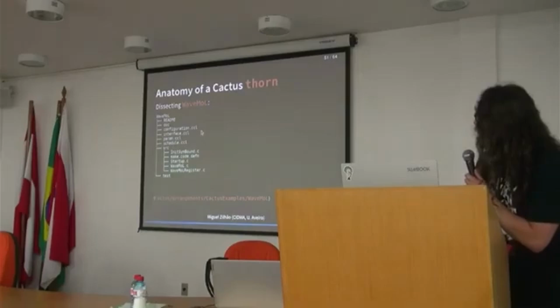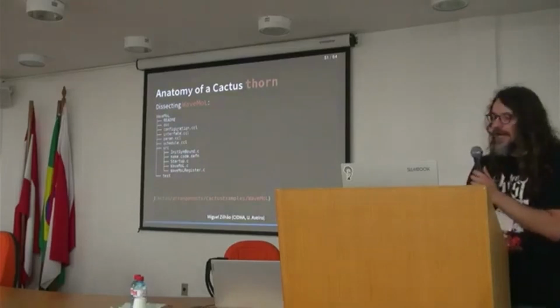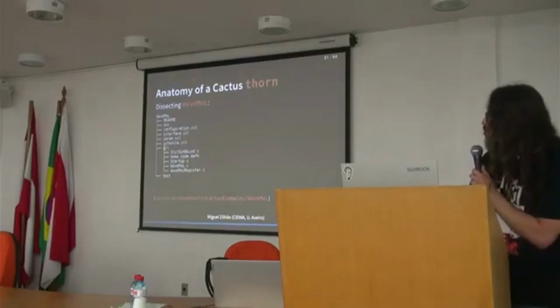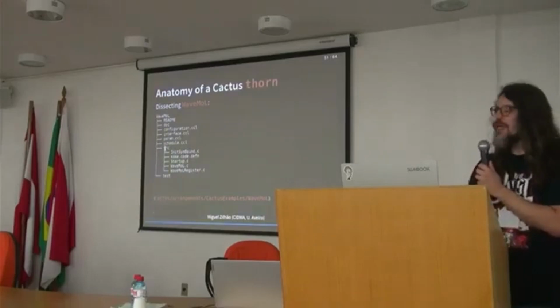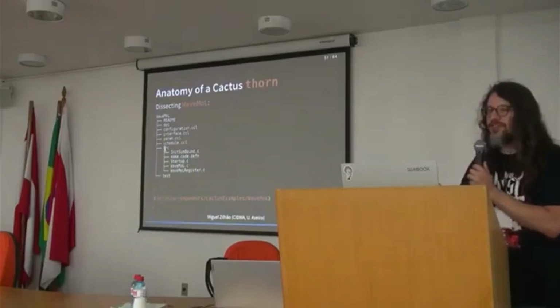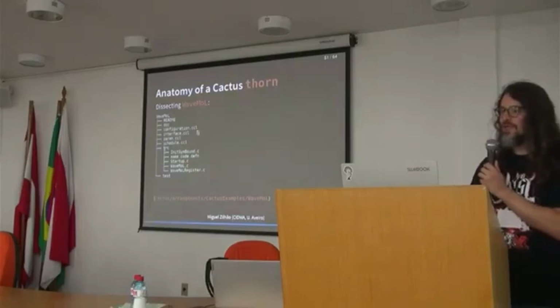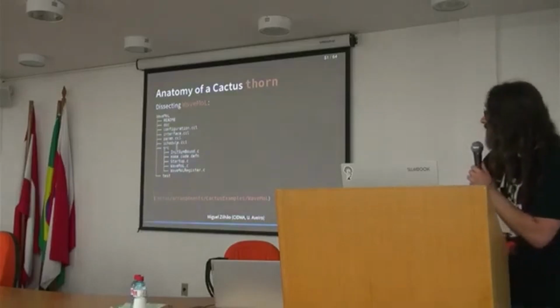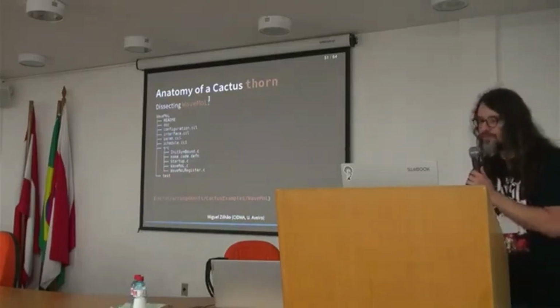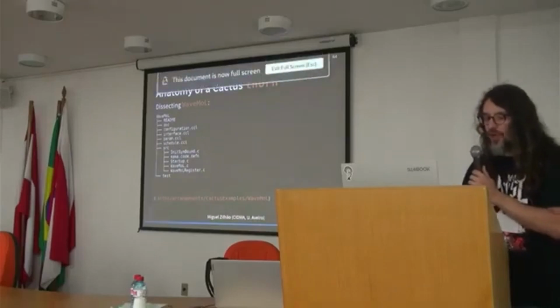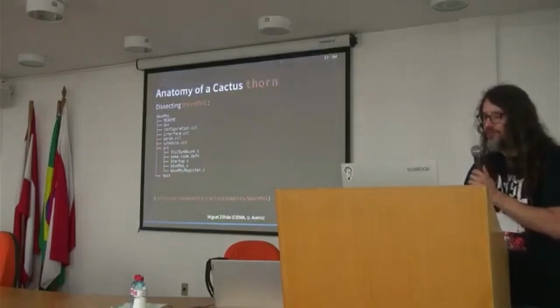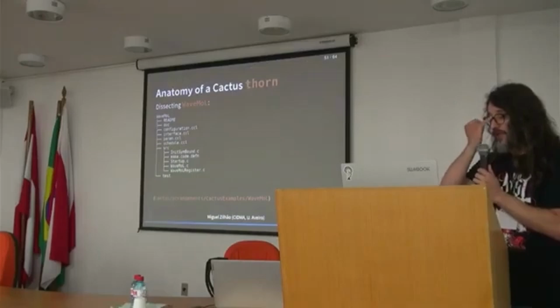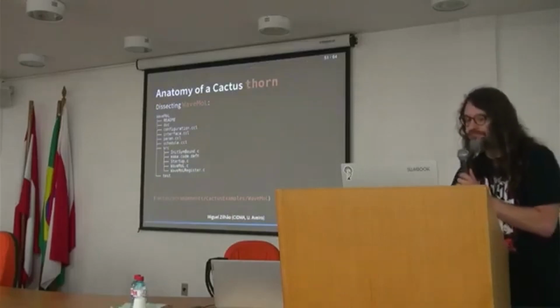Pay attention to these files that are the .ccl files. There's a bunch of .ccl files here, and then a bunch of files in a source folder. This is very generic; every thorn is written in this way. I'll go one by one, just to give you an idea of what these are doing.